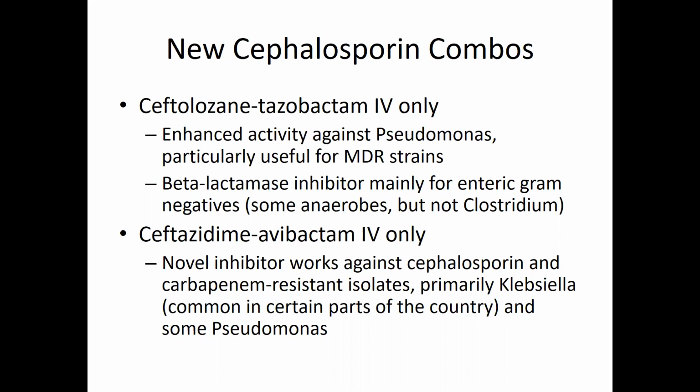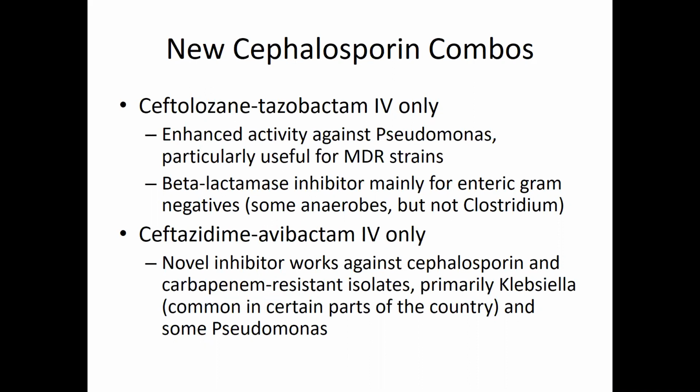Ceftazidime-avibactam is a little bit different. It has an enhanced beta-lactamase inhibitor. It actually inhibits the broadest spectrum of enzyme called carbapenemase, at least the common form that is in Klebsiella. This is really common in some parts of the country, so it will really vary based on where you practice. Here in the Midwest, it's relatively rare, luckily.